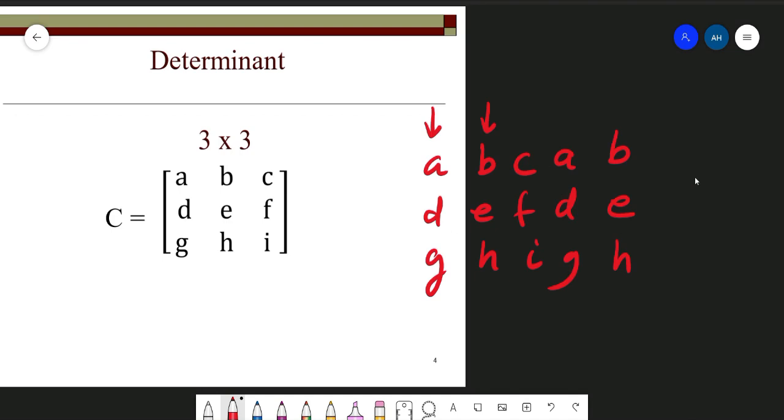Once we do that, we are going to multiply these 3 numbers going down. All the numbers on this arrow, that is a, e, and i. So we multiply these three numbers, and after that, we are going to multiply the numbers on the next arrow, and the third arrow.